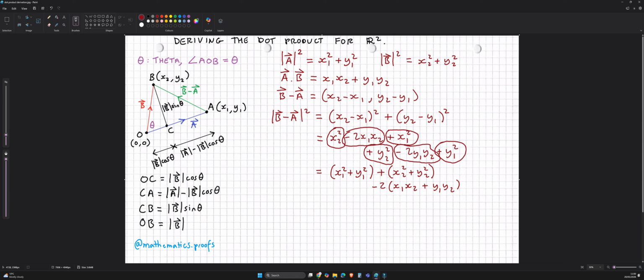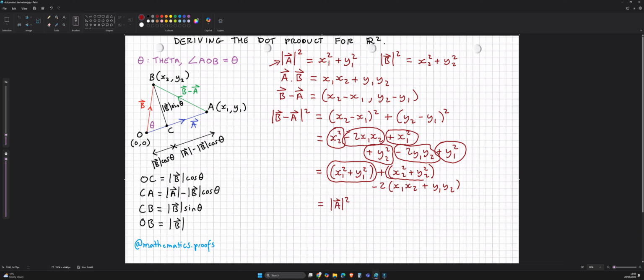Now we're going to simplify even further for an even better definition of the magnitude of B minus A squared. Now this over here is in fact the magnitude of A squared, so let's change it to that.